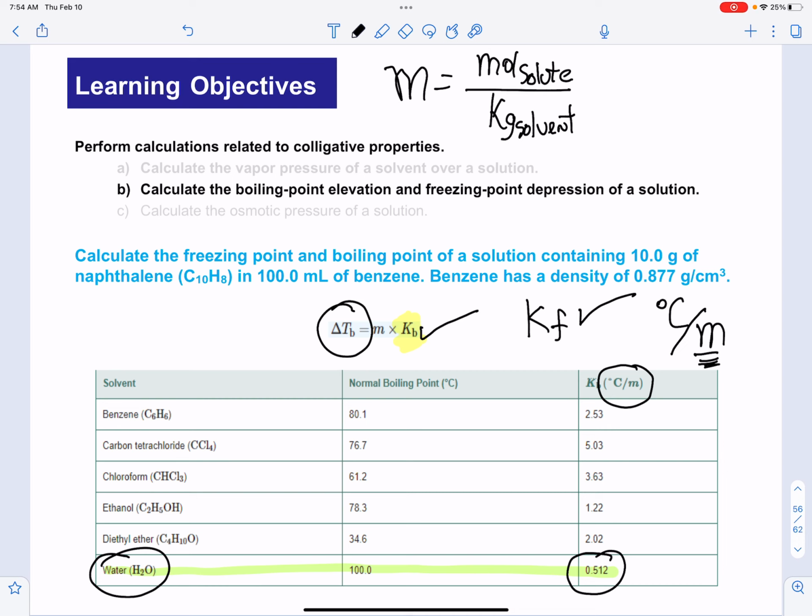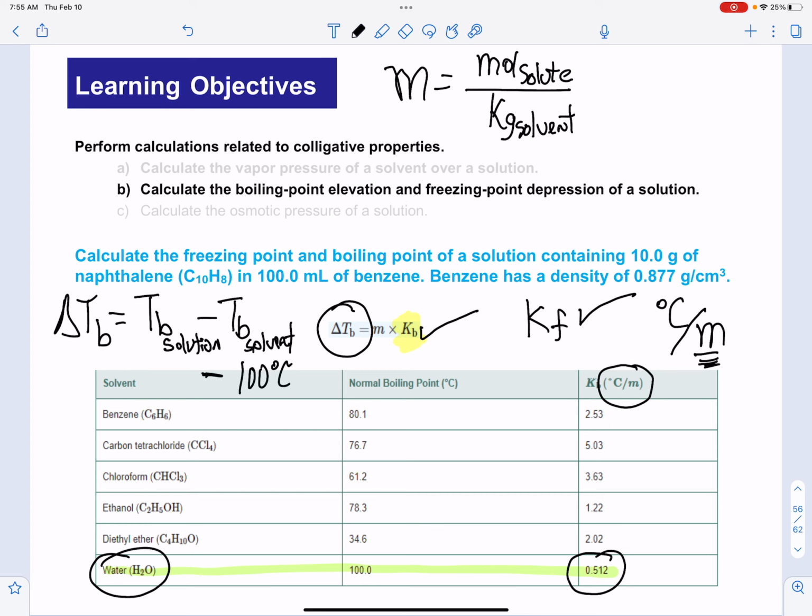For example, what is delta T_b? The change in the temperature of boiling is going to be equal to the temperature of boiling of the solution, the one with the solute, minus the boiling point of the solvent. So in the case of water, water boils at 100 degrees Celsius.